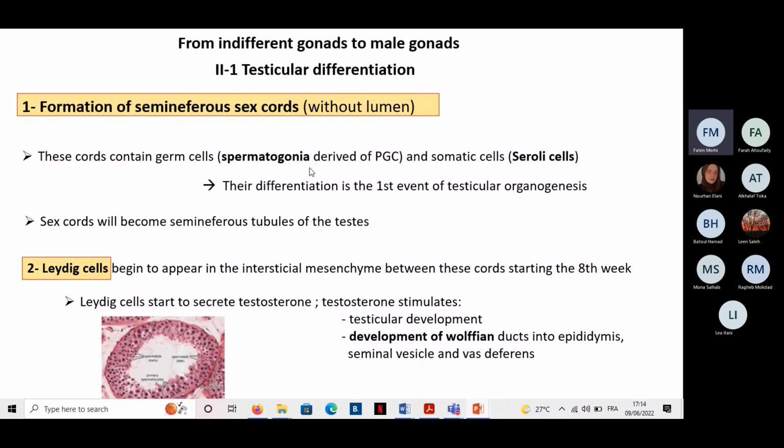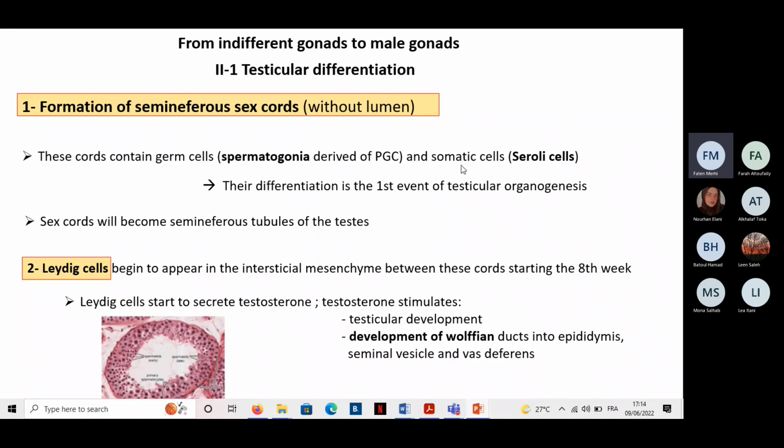As you know, the spermatogonial stem cells will be derived from the PGCs, so the PGCs will differentiate into spermatogonial stem cells, and in the seminiferous tubules we will have the formation of the Sertoli cells, which are somatic cells and are not germ cells. So the Sertoli cells will develop inside of those seminiferous sex cords, and we will have also the spermatogonial stem cells developing inside of them.